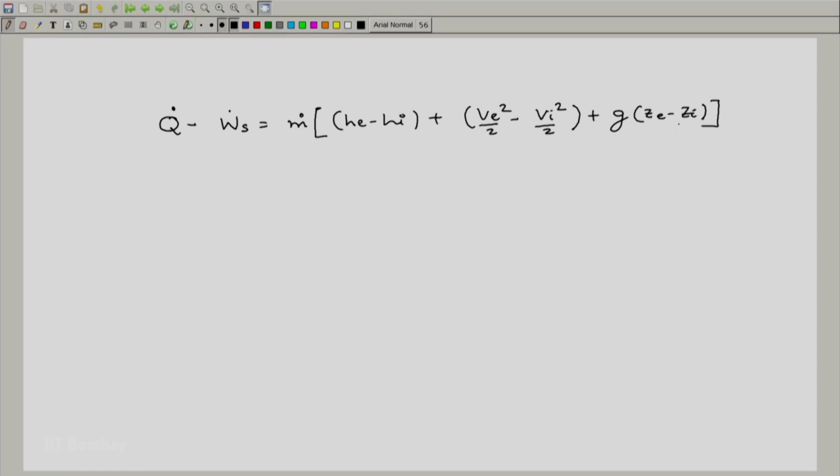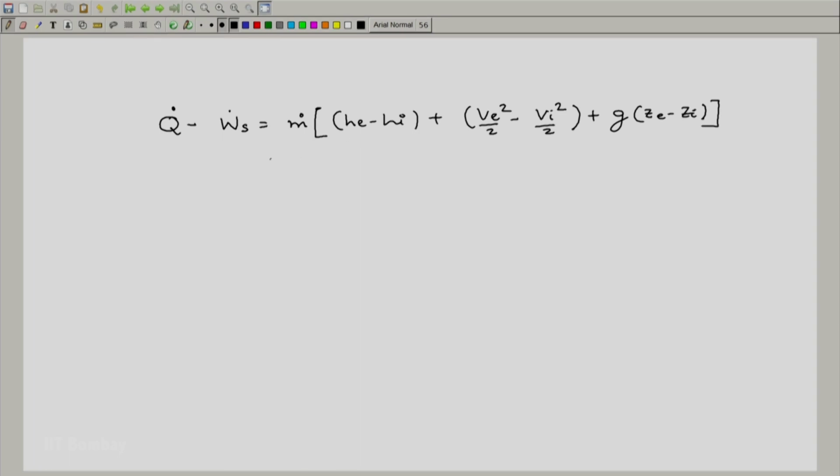Now you notice that for He and Hi, the numbers given are 3.2 megajoule per kg for Hi, which is preferably written in kilojoule per kg as 3200 kilojoule per kg, and He is 2.5 megajoules per kg, which can be written as 2500 kilojoule per kg.